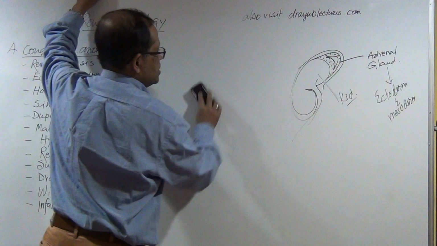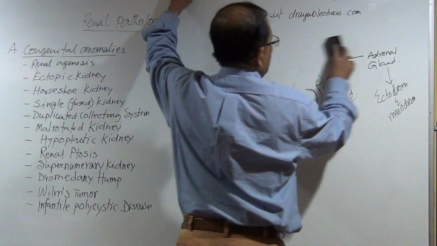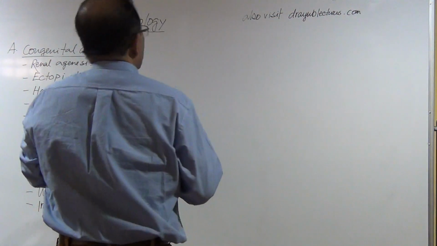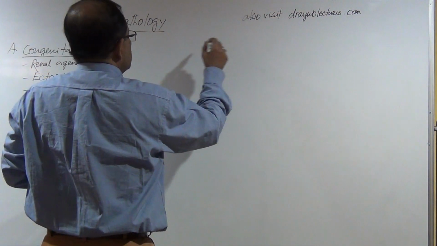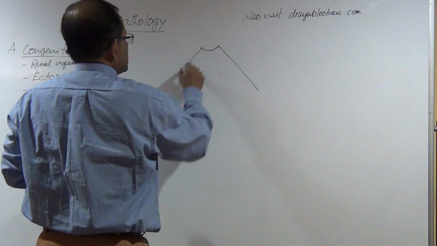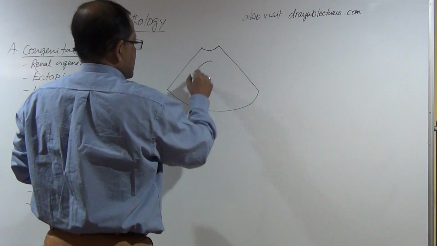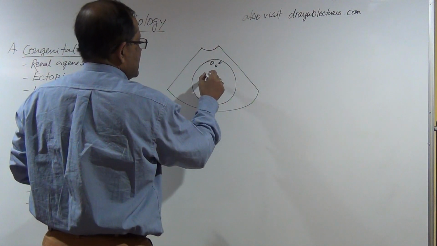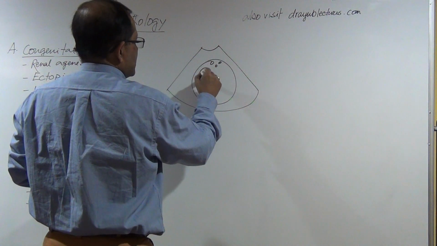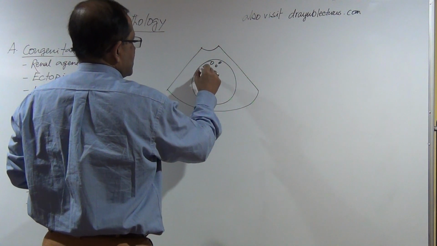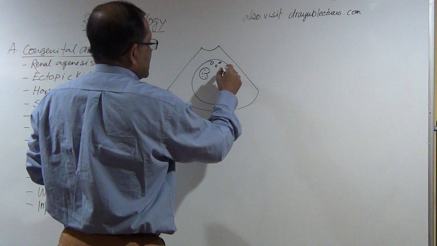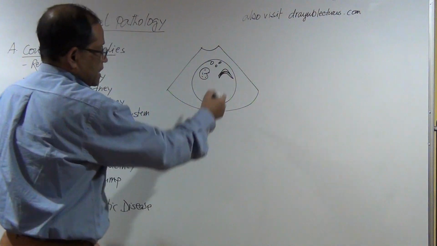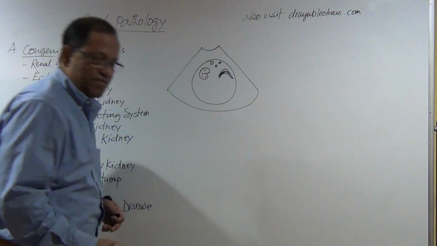Good. So that will be the sono images. Then ectopic. Ectopic means you will see one kidney is missing on one side. So one kidney is there, but the other kidney is not, and the adrenal gland will be bigger, and then you have to scan in the pelvic cavity.